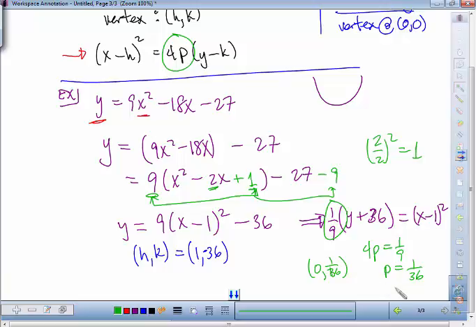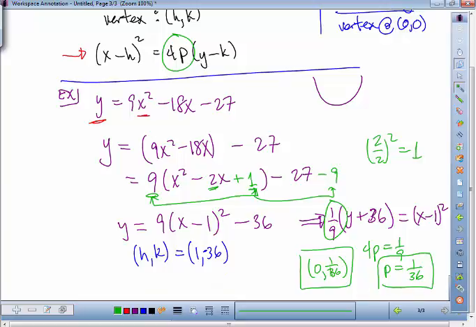So having a directrix at y equals -1/36 and a focus point at 0, 1/36 doesn't seem reasonable if this parabola had moved from its initial 0, 0 vertex position to a new vertex. It looks like that's not correct. So we need to use the shift to adjust the vertex and the directrix also.